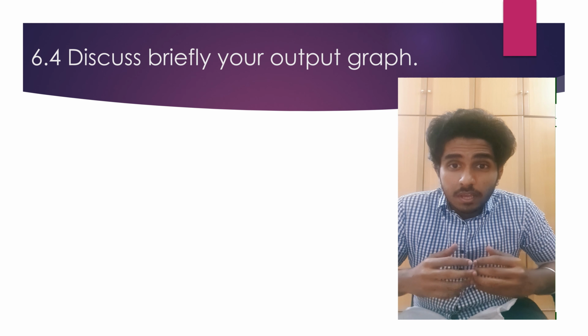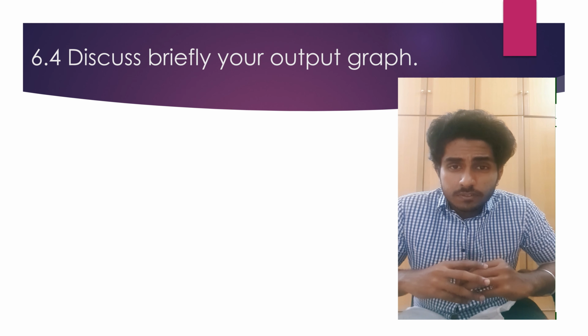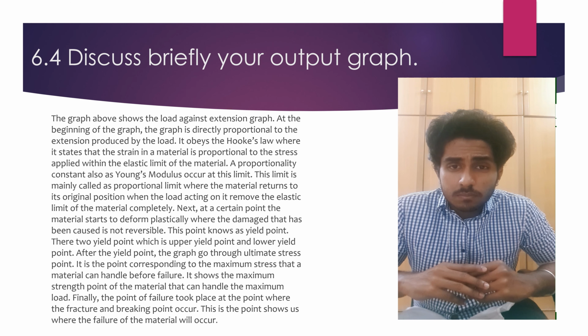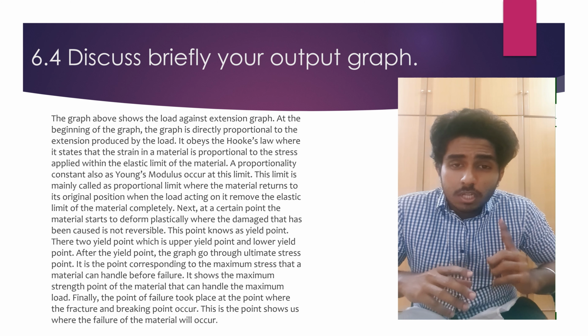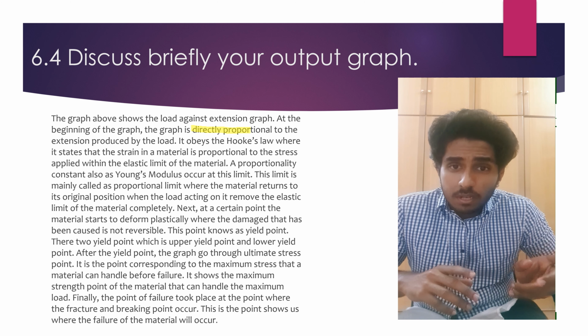So now we are moving to the next subtopic of our experiment, which is we have to discuss briefly about the output of our graph. Firstly, this graph above is known as load against extension graph. At the beginning, this graph is directly proportional to the extension produced by the load.